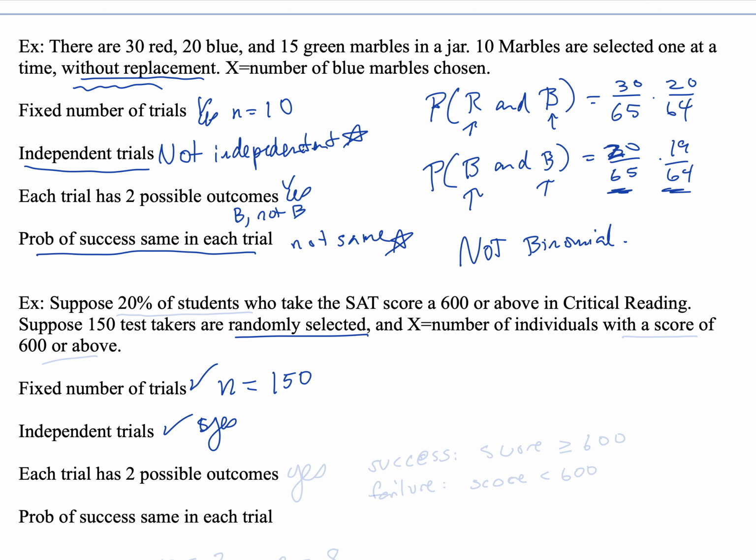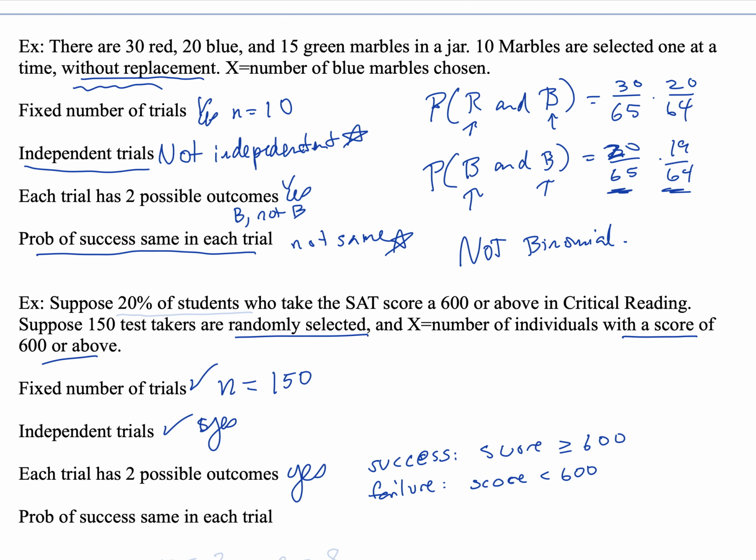Does each trial have two possible outcomes? Yes. Either they have a score of 600 or above, or they do not. So success would be, in our case, a score greater than or equal to 600, and failure in a single trial would be a score less than 600.